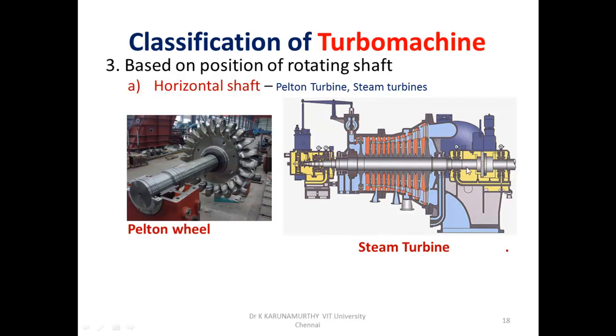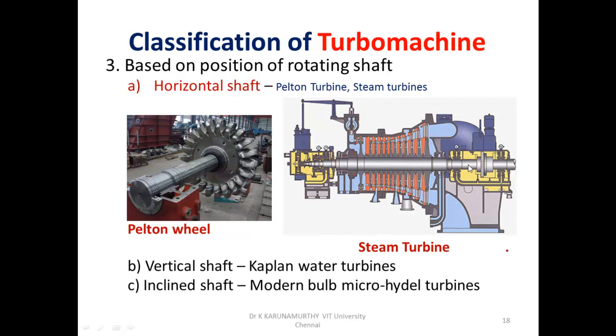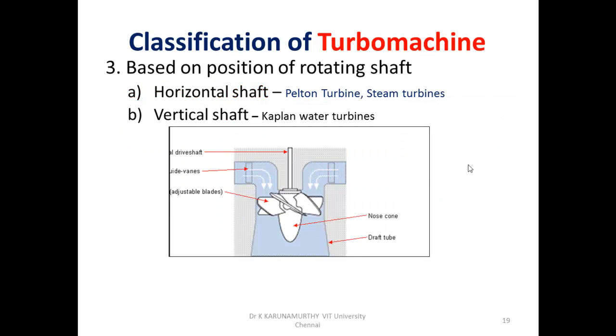In the case of a steam turbine also, the shaft is in the horizontal direction. For the vertical shaft, we have already seen the example of a Kaplan turbine, where the position of the shaft is in vertical direction. This is a Kaplan turbine.